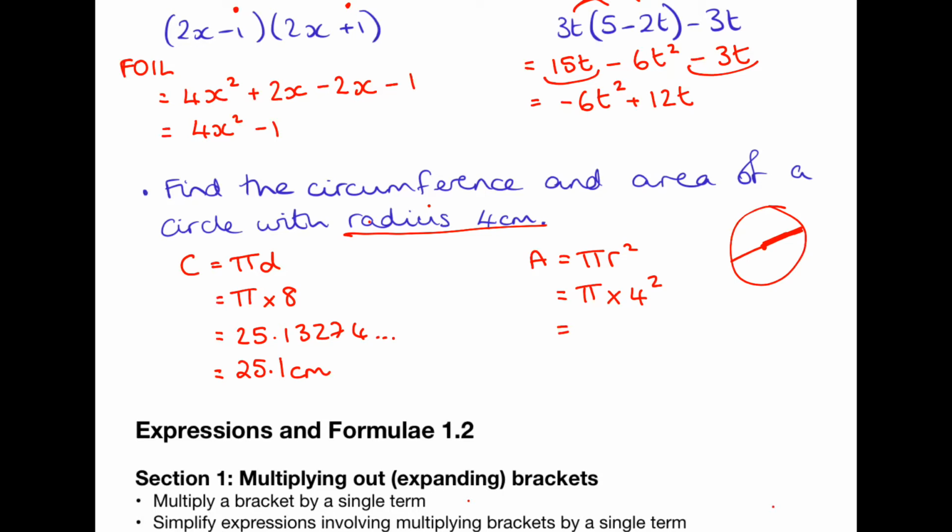You just need to work out pi times 16, or pi times 4 squared. So for that, we get 50.26548 and lots of other numbers. So again, rounding to one decimal place, we get 50.3. And because it's an area, it's in square centimetres.